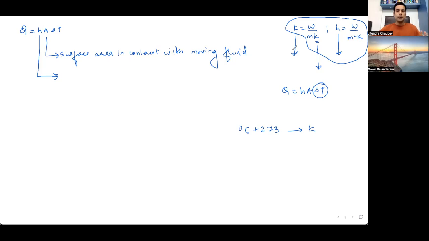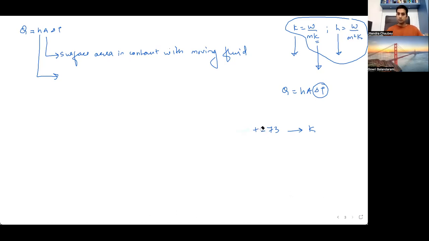But you will see that majority of the time, even in your numericals, it is given in watt per meter degree Celsius or watt per meter square degree Celsius. Just leave it as it is, because sometimes students end up adding 273 at some point, and that will go completely wrong. So that is very important.